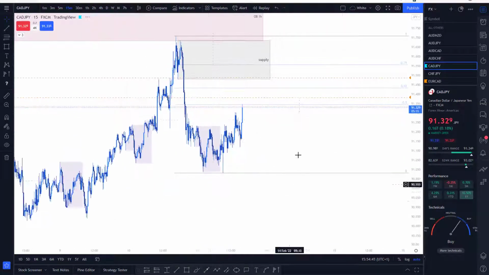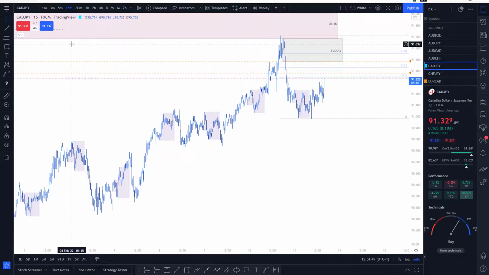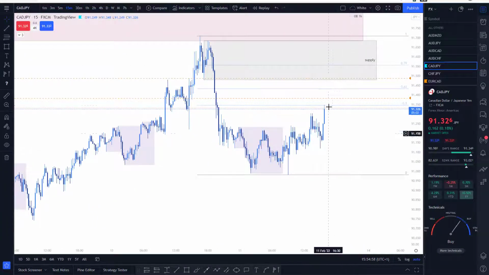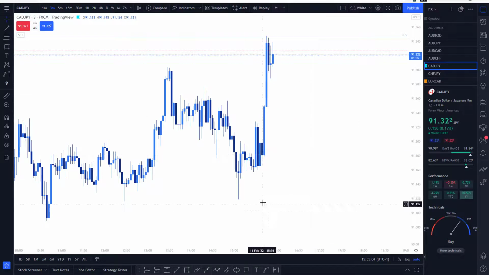This would be the supply zone. Yes, as I said yesterday on the call, for now I have no reason to believe that it will go higher. But of course, when the price gets in, I will switch to the 3-minute and try to find a change of character.